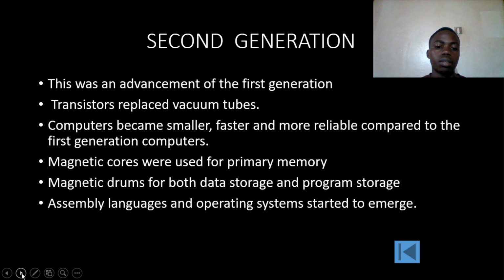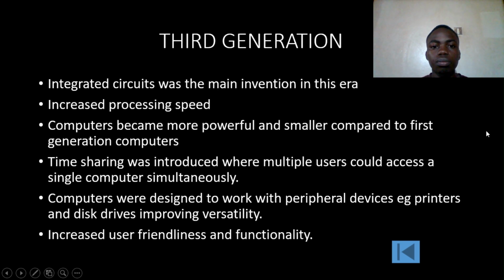Then we look at assembly languages and operating systems starting to emerge. Assembly language is a language in machine code, a very low level language, for example languages that can be easily understood by the machine in terms of zeros and ones. So in the second generation, that's why they started to evolve.